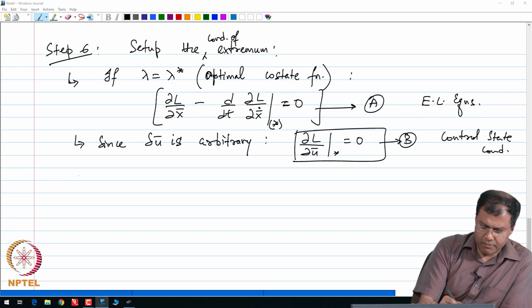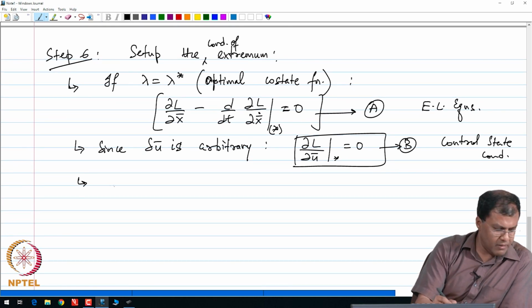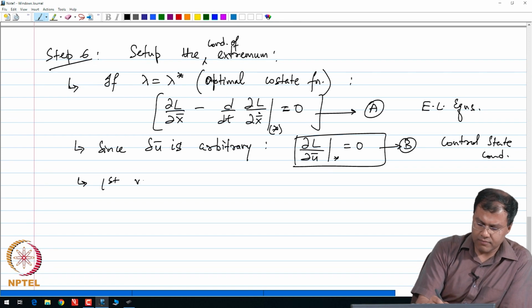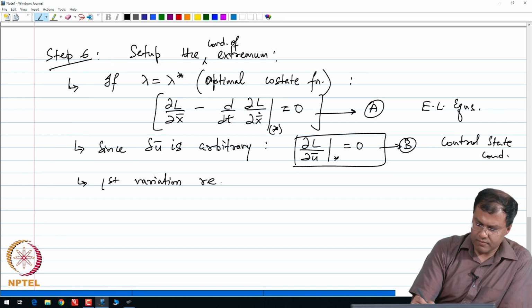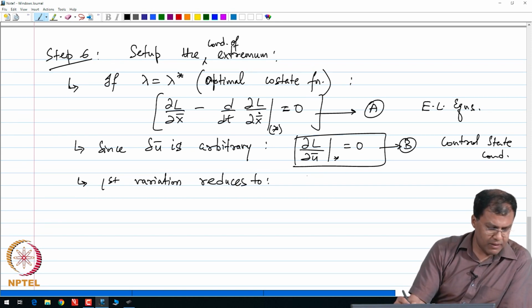And so, let me write down these two remaining quantities. The first variation reduces to, well, let me write down step by step. So, it is L delta.